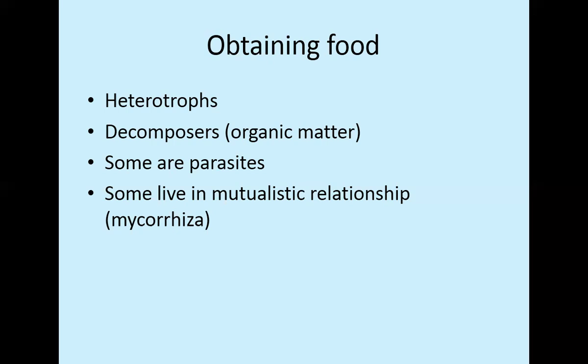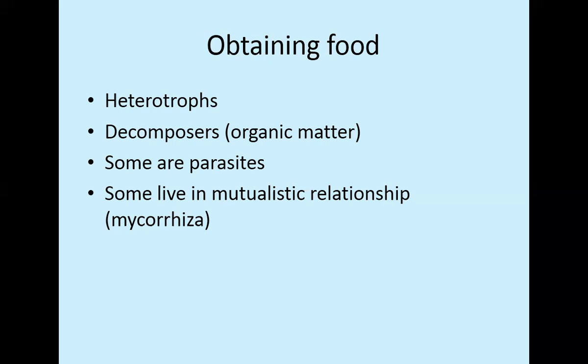Some of the fungi are able to have a mutualistic relationship with other living things. For example, some fungi are found in the soil and associate with the roots of plants. This relationship is called mycorrhiza. Mycorrhiza is the association of the fungi with the roots of the plants.